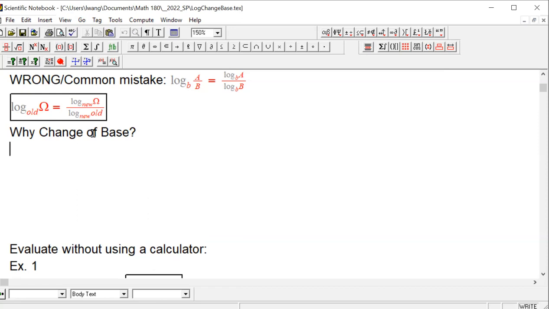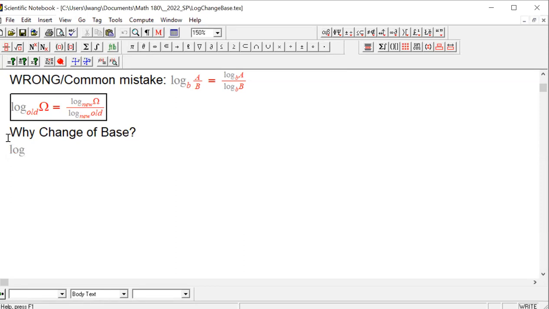If you look at your calculator or any computing apparatus, your cell phone, well, smartphones certainly have log. But in most cases, you will see the button of log, which is the common log, on calculators.